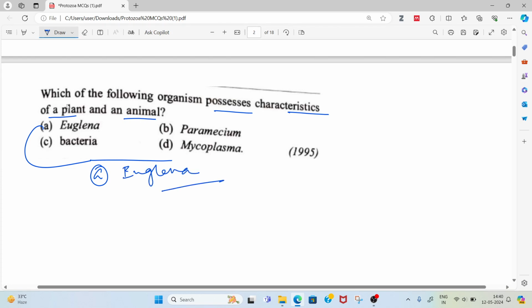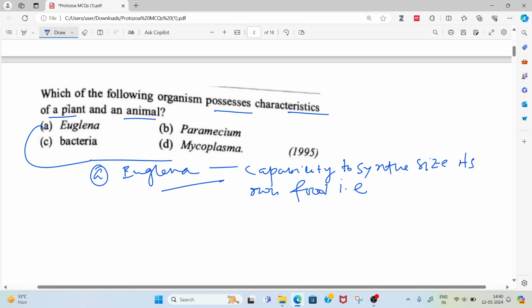Euglena. So we know that Euglena has the capability to synthesize its own food.